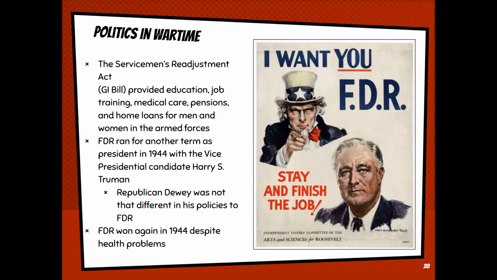This GI Bill is supposed to help soldiers reacclimate to society, provide education, job training, pensions, home loans. But we'll get into some problems of the GI Bill when we get to our next chapter. The GI Bill was not always fair in its implementation, especially for veterans or people of color.